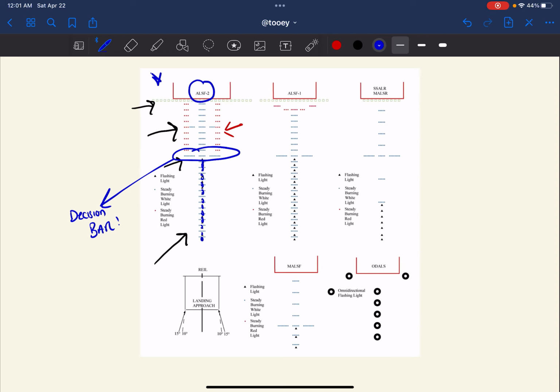And it kind of makes sense if you think about it. Just because you have the runway alignment indicating lights doesn't mean you can commence a landing, because you haven't even reached your DA yet. It's 1,000 feet from your runway.